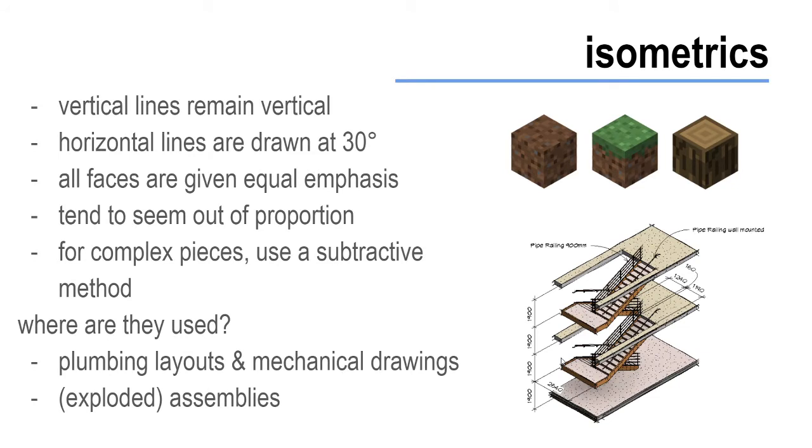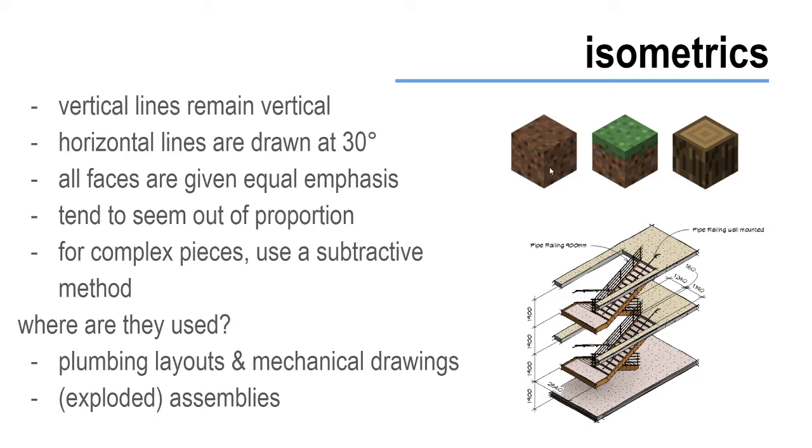Isometrics give equal emphasis to all of the different faces. This is a 3D style drawing in which all of our different axes are equally split. If I have an X, Y, and Z, all 3 of these faces, so this would be my XZ face, my YZ face, oh wait, no, sorry, this is my XZ, and this is my XY, and this is my YZ.